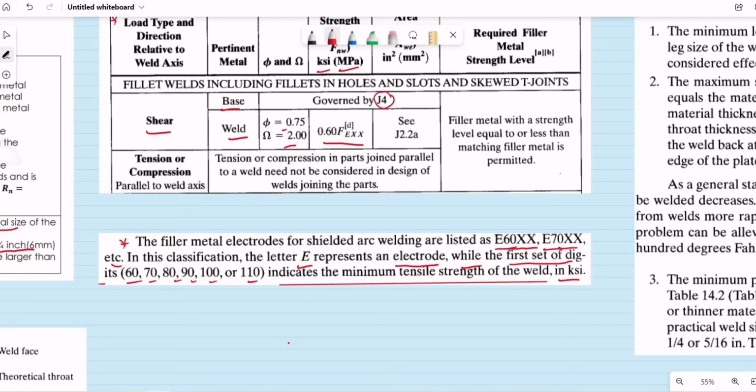Which means if we have E60XX, its minimum tensile strength is 60 kips per square inch. Just an example.